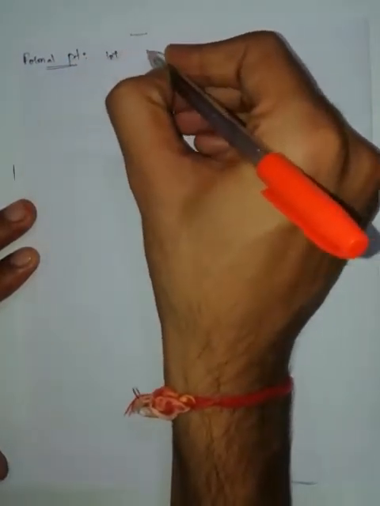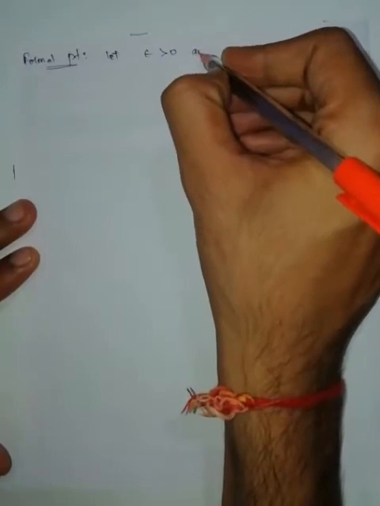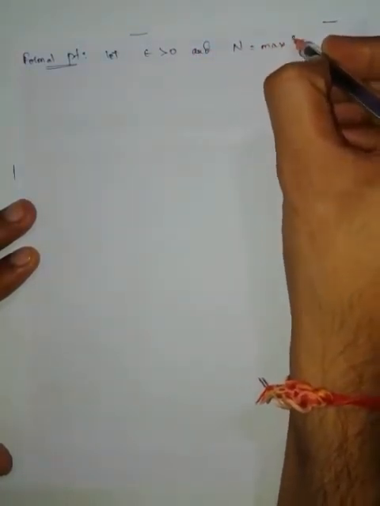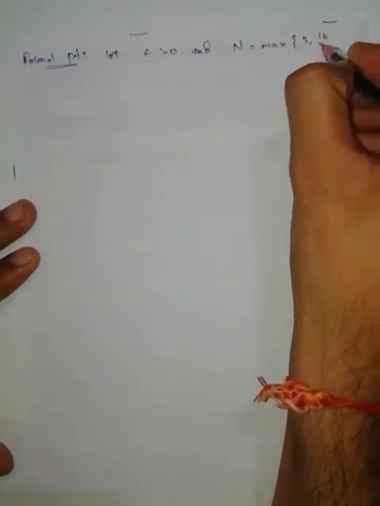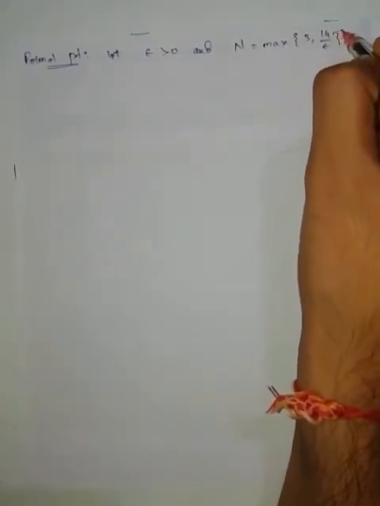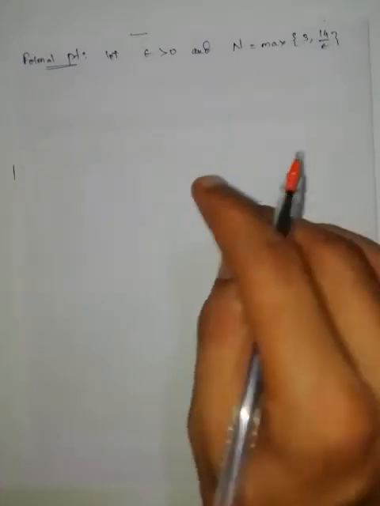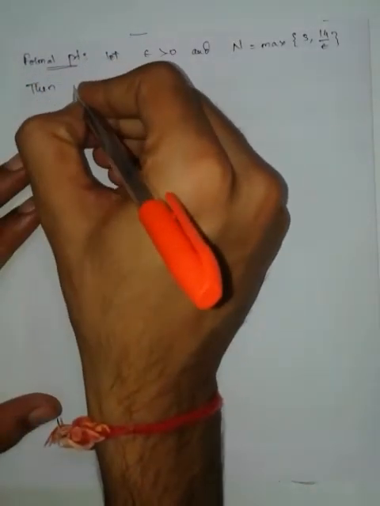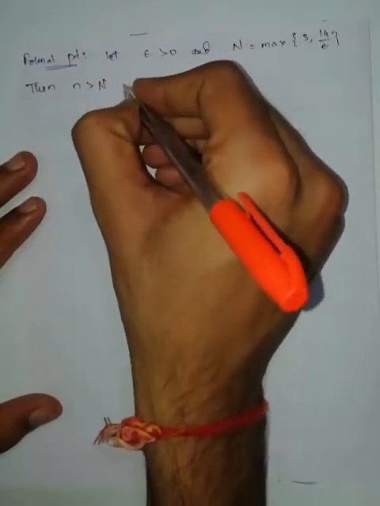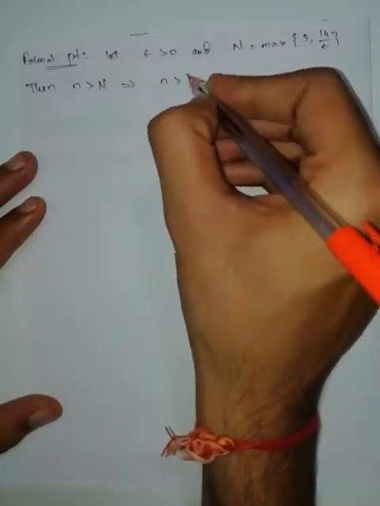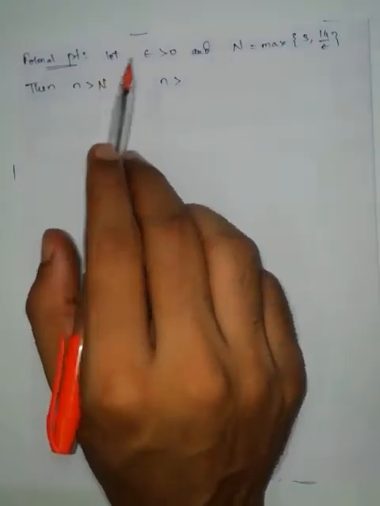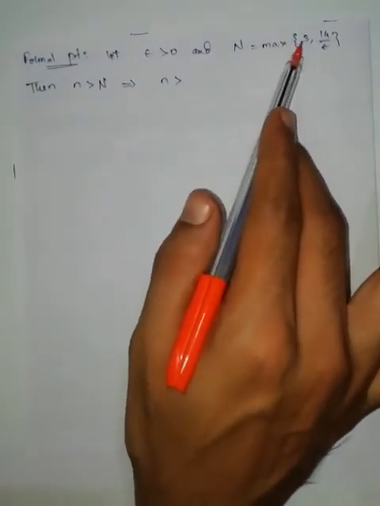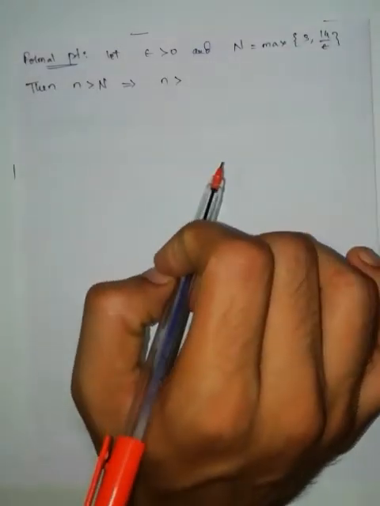Let epsilon be greater than 0 and capital N equal to the maximum of 3 comma 14/epsilon. Then small n greater than capital N implies small n is greater than, now I don't know whether capital N is the maximum of these two, maybe 3, maybe this one, it depends on epsilon.